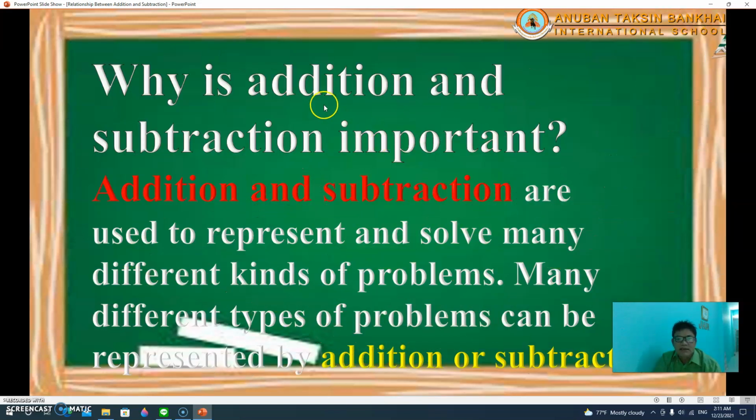Why are addition and subtraction important?